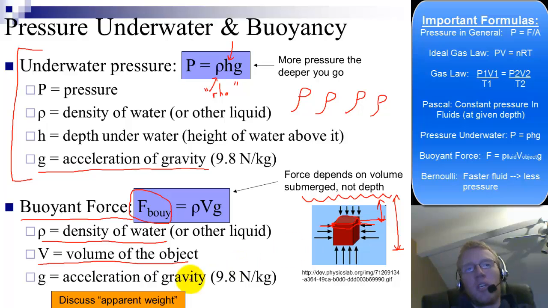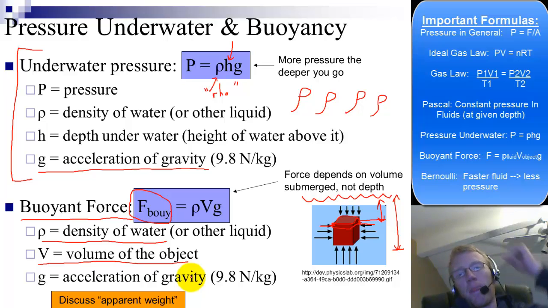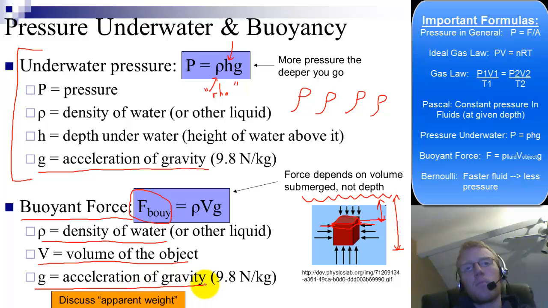So the force will depend on volume, because the more surface area you have, the more force there is, and also the bigger the distance between the top and the bottom is, the more upward force there will be. And again, the acceleration of gravity, this is again because it depends on the pressure. The more acceleration of gravity there is, the more pressure there will be, and the difference in pressure between top and bottom is what causes this in the first place.